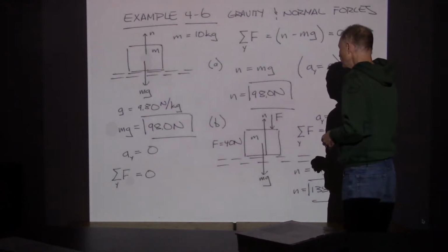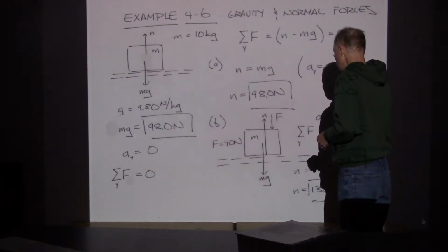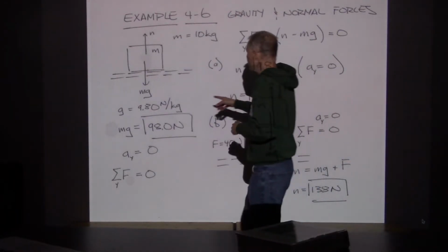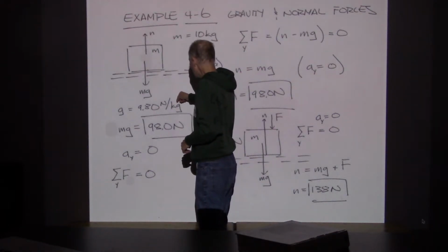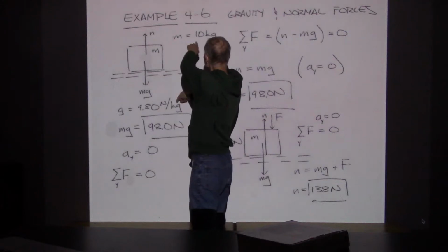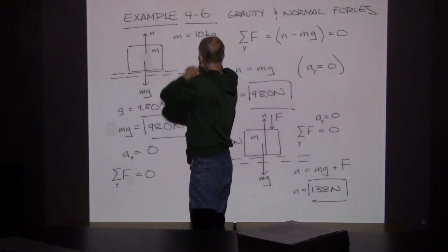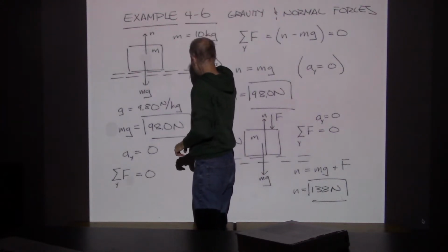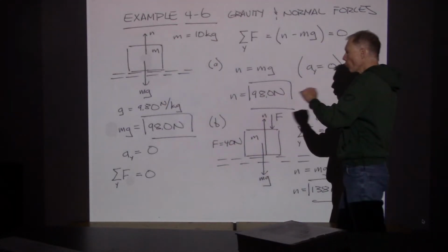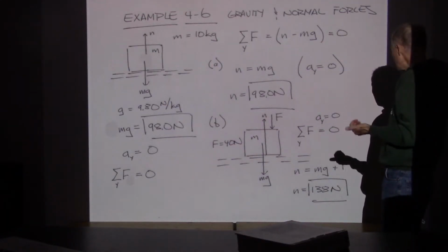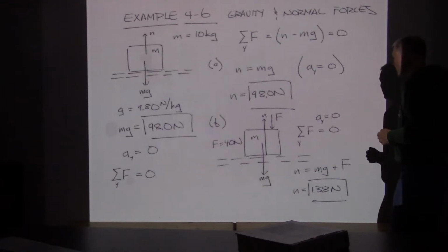It's still 9.80 newtons per kilogram. When I multiply that by 10 kilograms, the kilograms cancel, and I'm left with 98 newtons of gravitational force. That's going to stay the same throughout the problem.